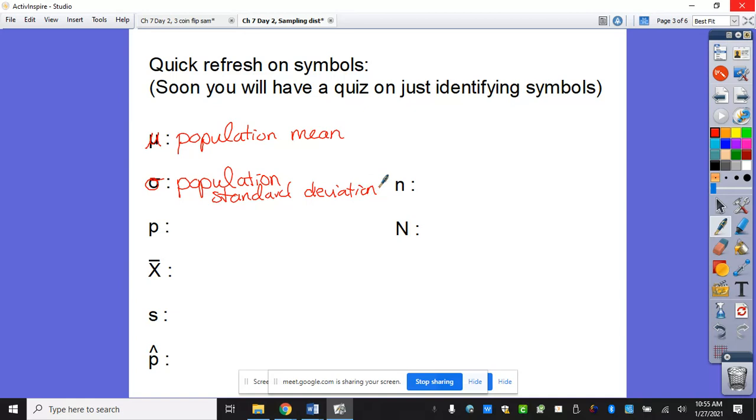Of the population, because hat is sample. What is X bar? What is lowercase s?